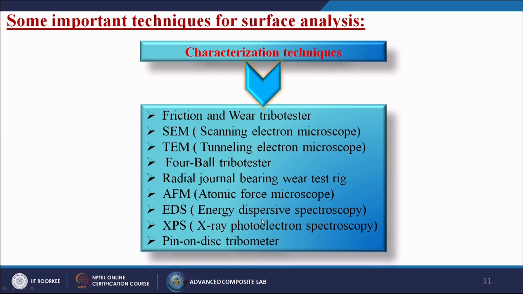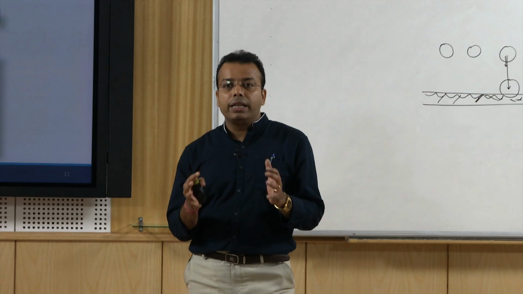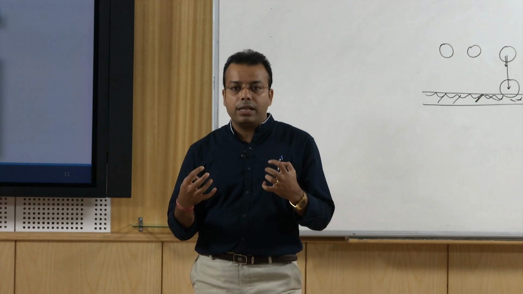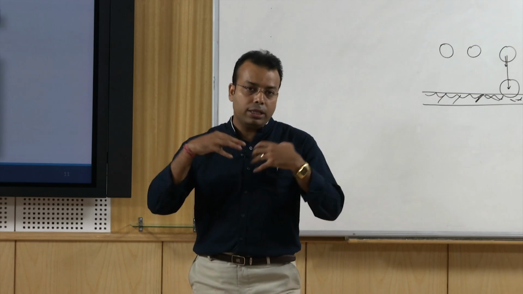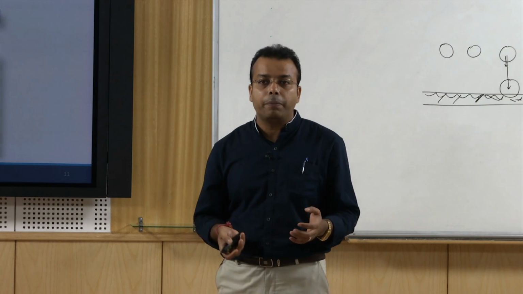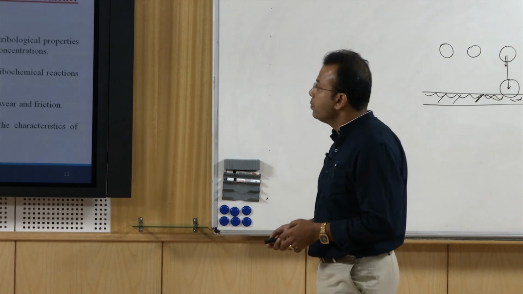EDS is energy dispersive spectroscopy, XPS is X-ray photoelectron spectroscopy, and pin on disc tribometer. So, these all will give you different properties about the materials. Not only the surface properties, they also give you the atomic level properties of that particular material.